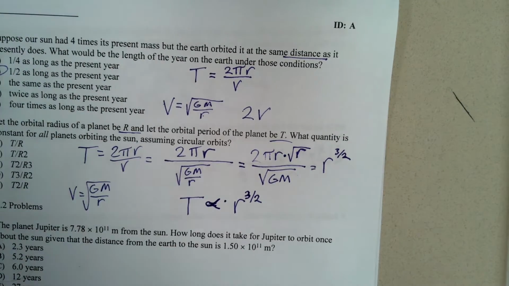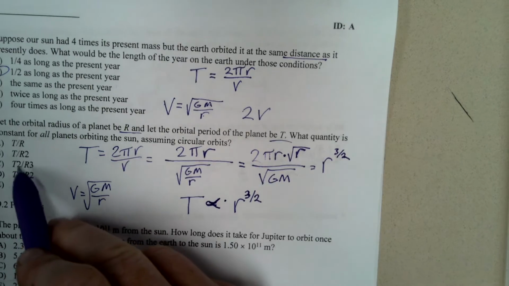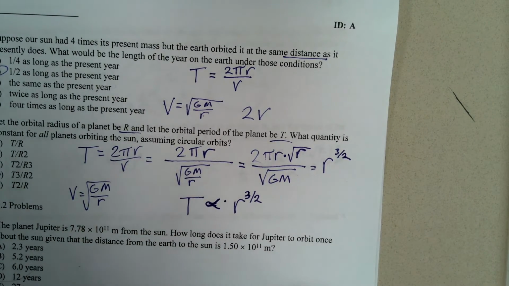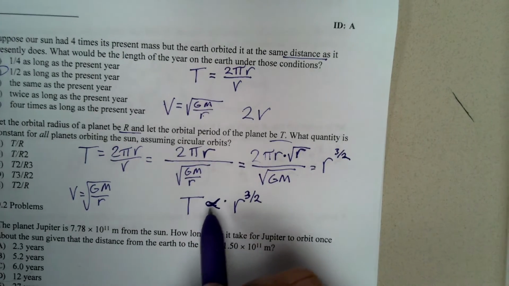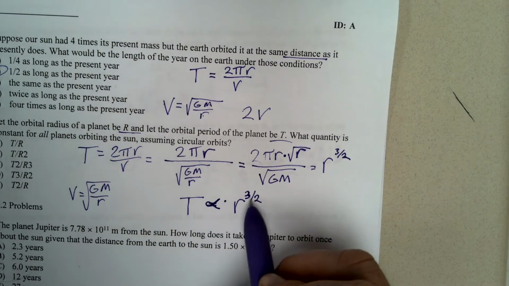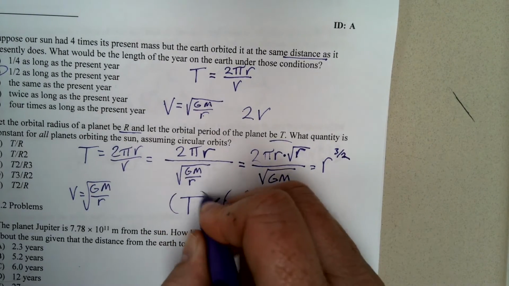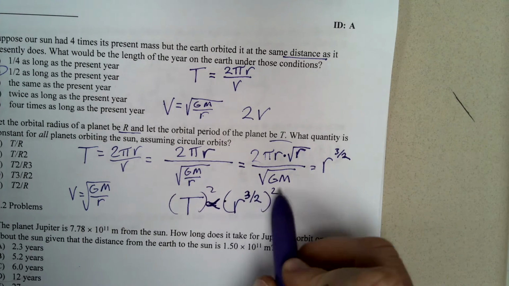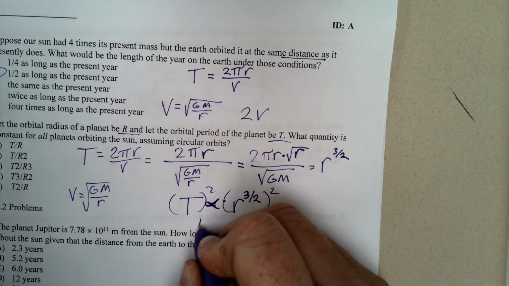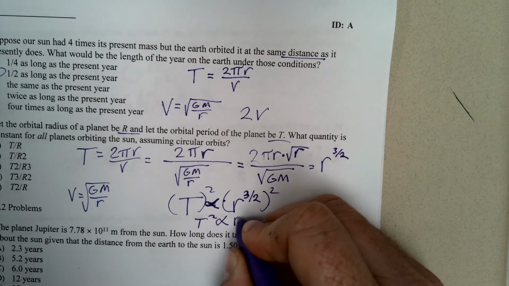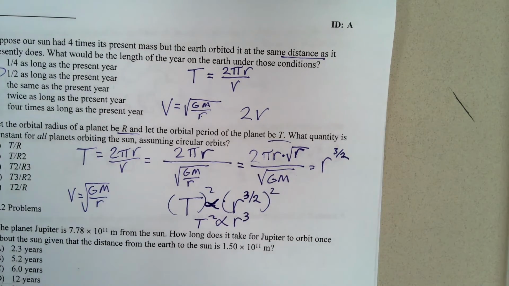This one is a little bit different just because of the notation. These really should be exponents. That might make a little bit more sense. I don't have an option for T and R to the 3 halves, but I can square both sides. If I square both sides, I'm going to multiply the exponents, so I'm going to have T squared proportional to R cubed.